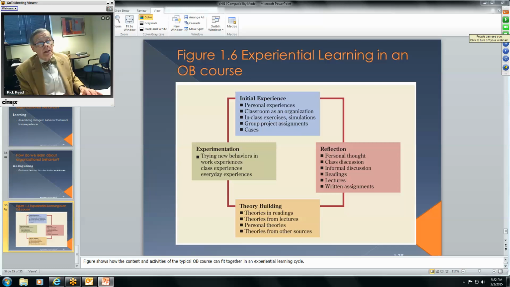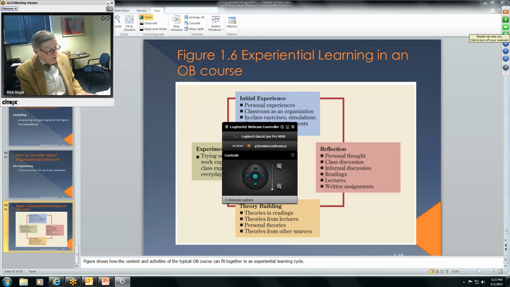Kolb looked at it a little bit differently, and he saw it as a circle as opposed to a square or a rectangle that we have here. He talked about concrete experience and using observations and reflections, formation of abstract concepts and generalizations, and then finally moving to testing implications and concepts in new situations.